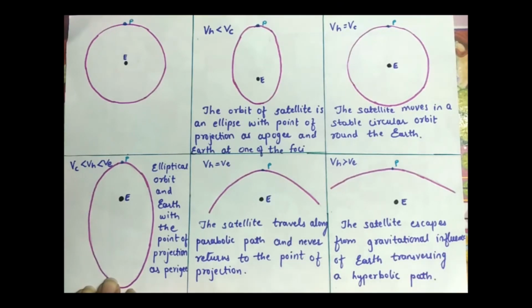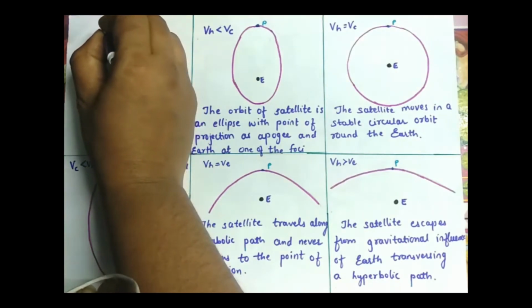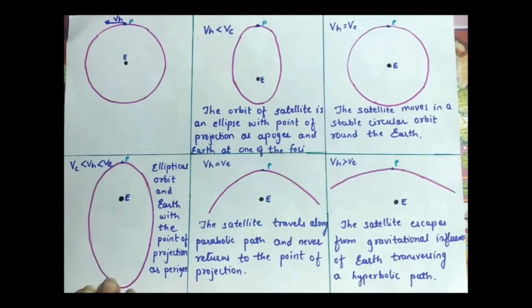So, the horizontal velocity which is given to the satellite to revolve in a circular orbit can be denoted by Vh, and it is also called the tangential velocity.